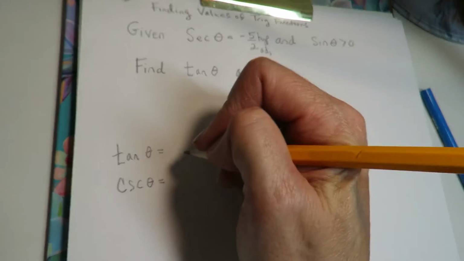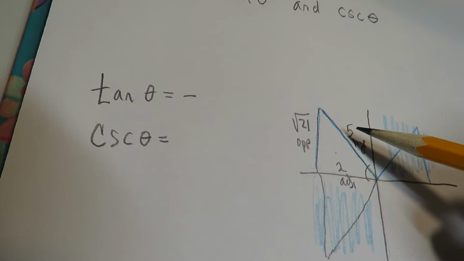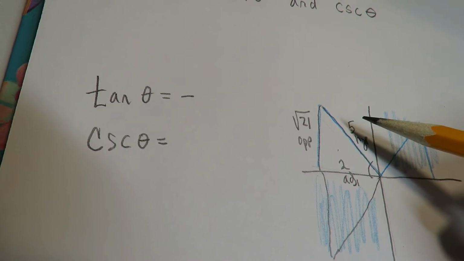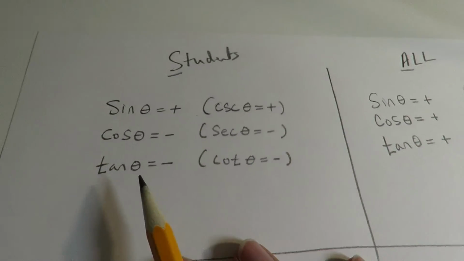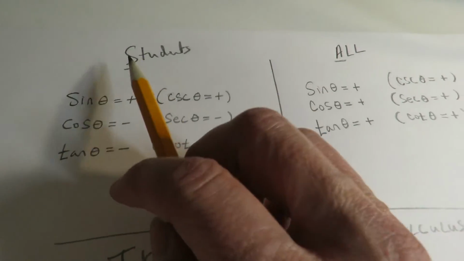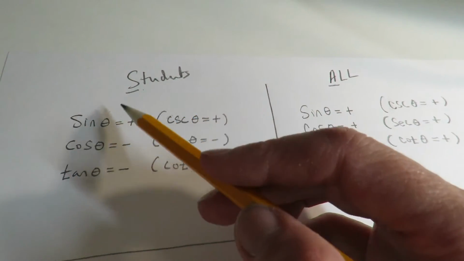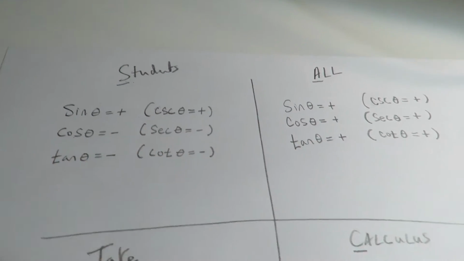Good, it's negative. Tangent, again, is the ratio of sine over cosine. Sine is positive in quadrant 2, but cosine is negative in quadrant 2, so positive over negative is negative. Or again, I did the chart, so the only trig function positive in quadrant 2 is the sine function out of the sine, cosine, and tangent.